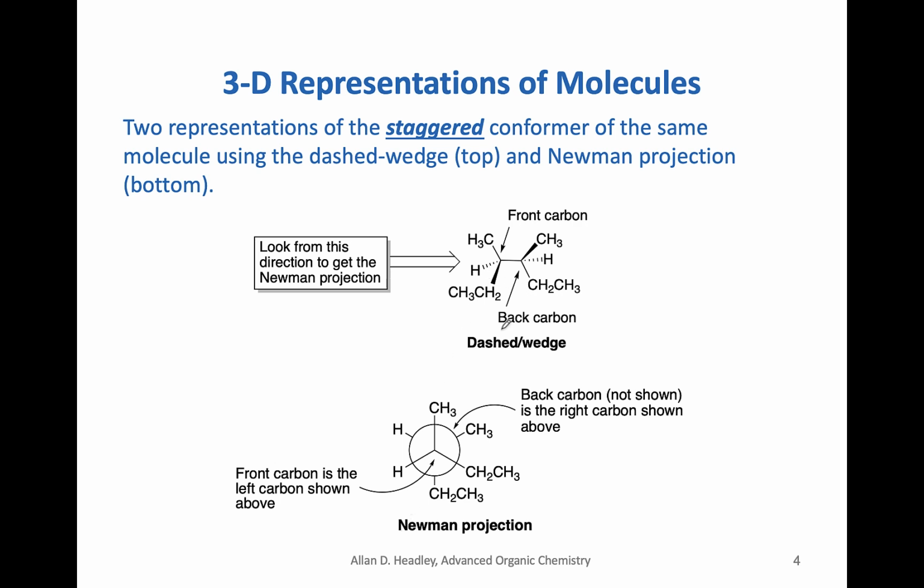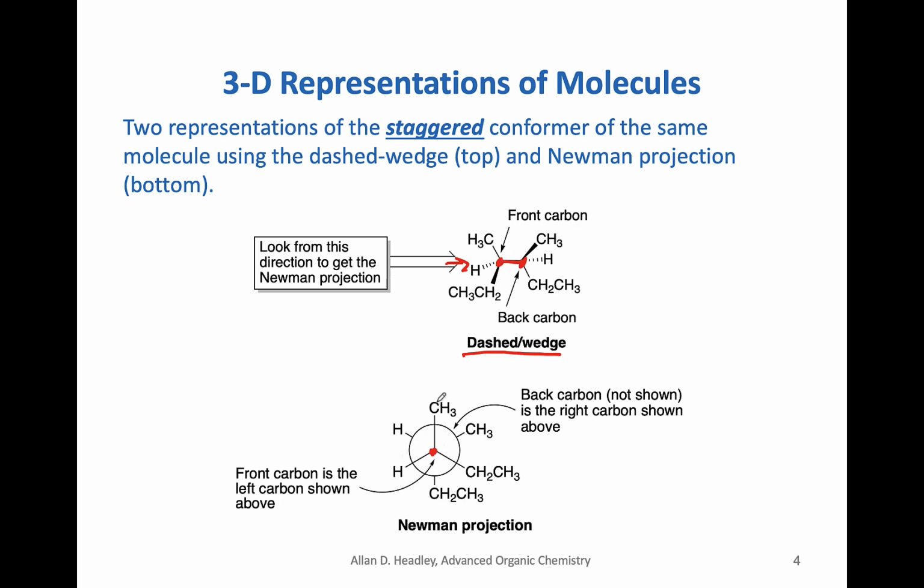So if you look at the dash wedge here and look down this bond right here as shown, what you'll see is this carbon, which is in front, and you won't be able to see the back carbon because it is directly behind this carbon. So what's shown here is the methyl, the hydrogen, and the ethyl, which are on this front carbon.